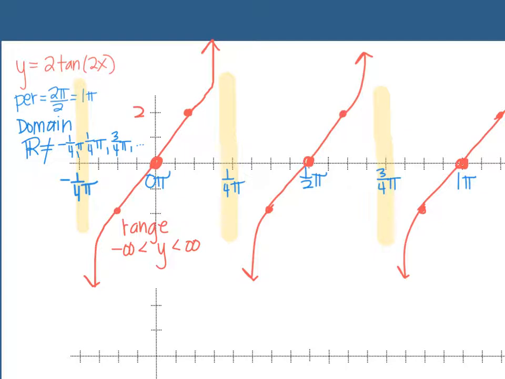Yeah. What about the second branch? What's its range? -infinity to +infinity, right? And what's the next range? Okay, so they all have the same range. So you don't have to worry about listing it. They're all the same. You don't have to do an upper range, like a range 1 and a range 2 and a range 3. All the ranges are exactly the same. Okay, any questions about that so far?